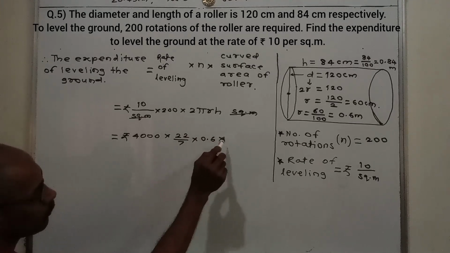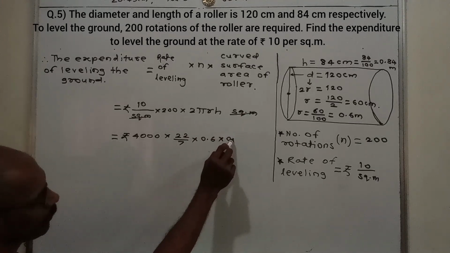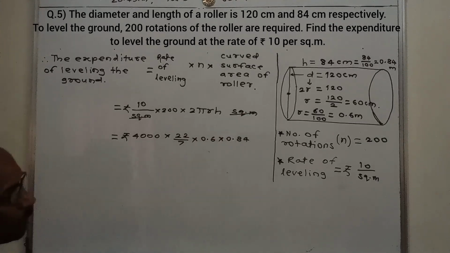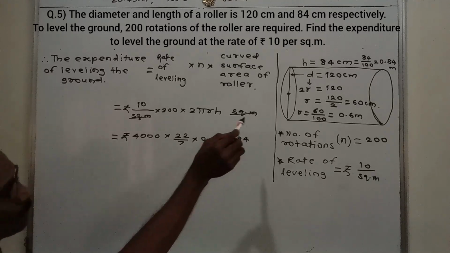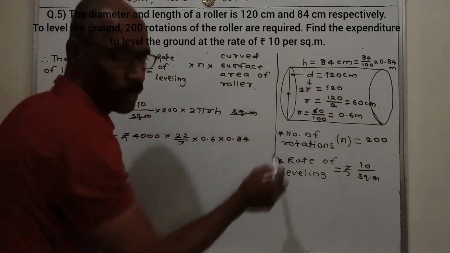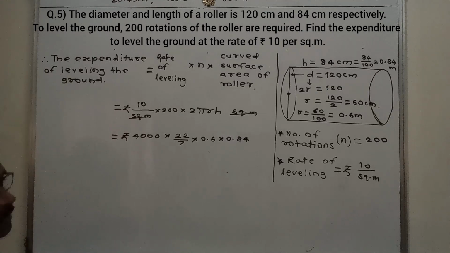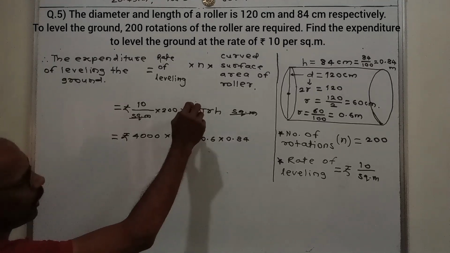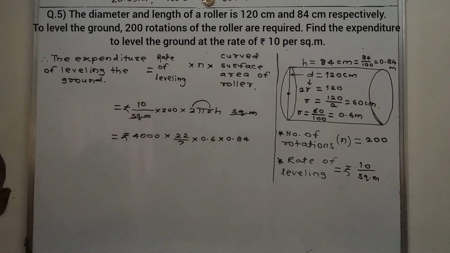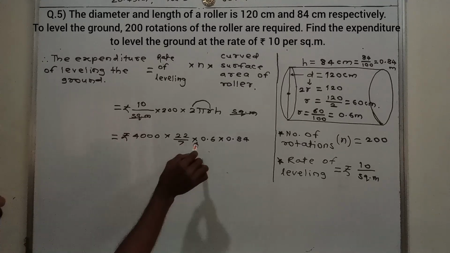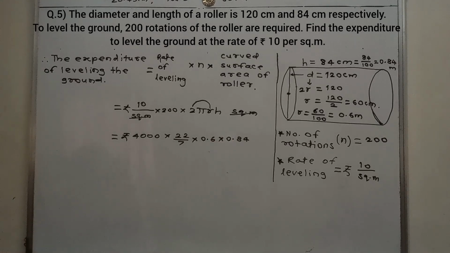And h is 0.84. See this. D is equal to 120, we keep as it is, and instead of this 2r we can put that also. 120 upon 100 converted into meter. Keep as it is, or find the radius.